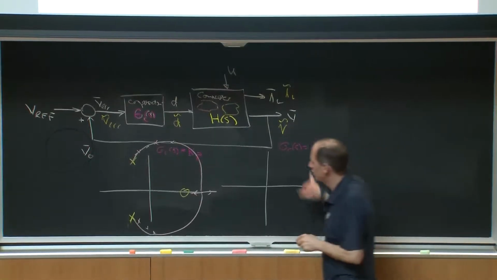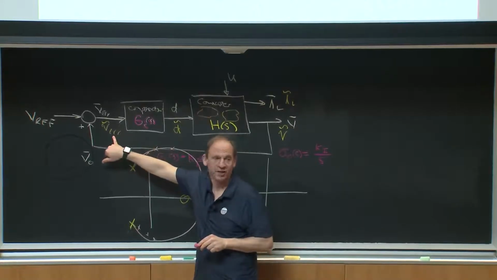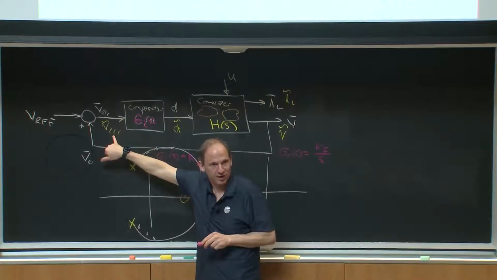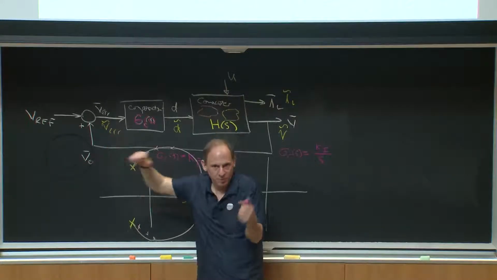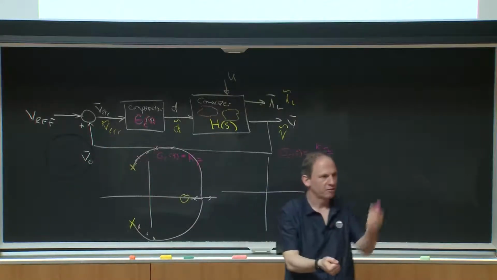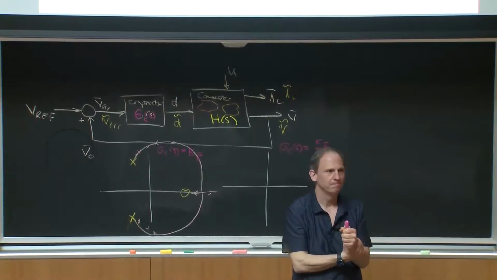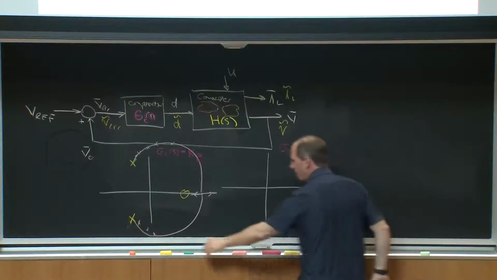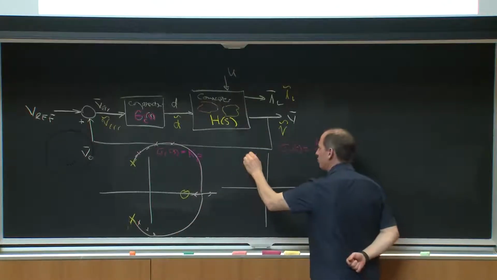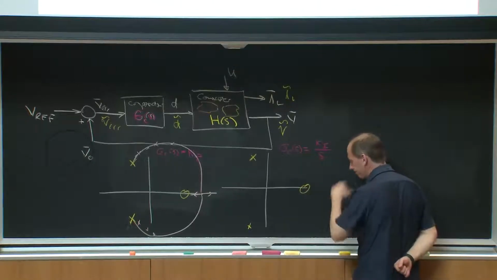So what I could do is, instead of making my D proportional to the error voltage, I could make it proportional to the integral of the error voltage, right? So P and I are parts of PID controllers. And the beauty of an integral controller is eventually it will integrate up the error and leave me with 0 steady state error. Okay? So if I did that, I still have my plant poles. I have 2 lightly damped plant poles and a right half plane 0.